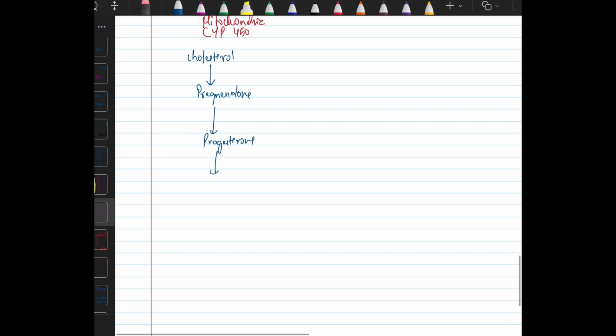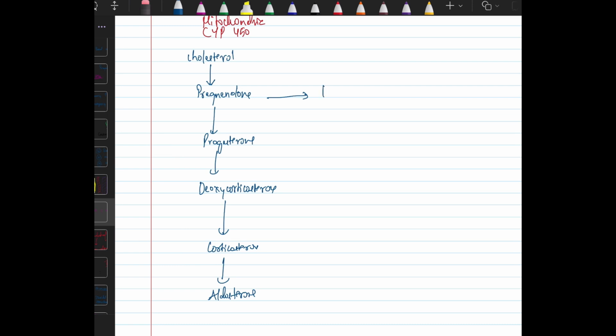This progesterone is going to form deoxycorticosterone, and this will form corticosterone, and lastly aldosterone. I will tell you the enzymes involved in the synthesis. I'll just draw the outline of what all products are formed.